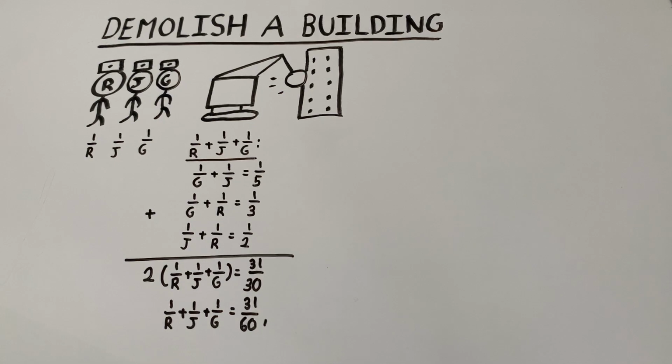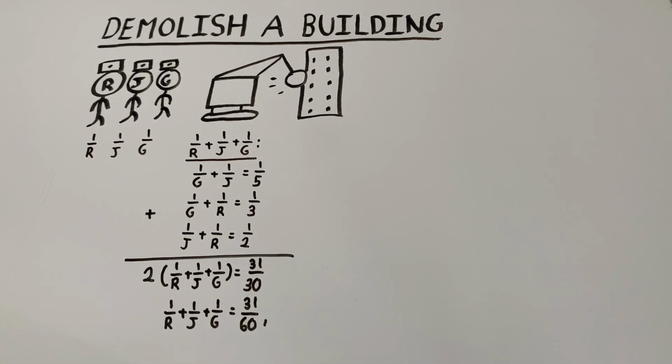Now it's a good thing that we found this sum, because now we know how much of a building Rachel, John, and George destroyed when they were working together that day. They ended up destroying 31 over 60 of a building.